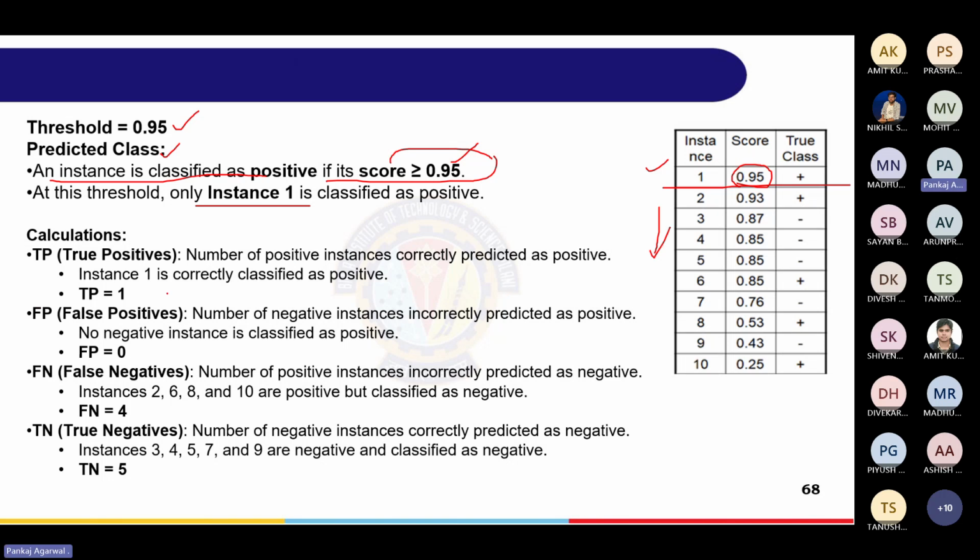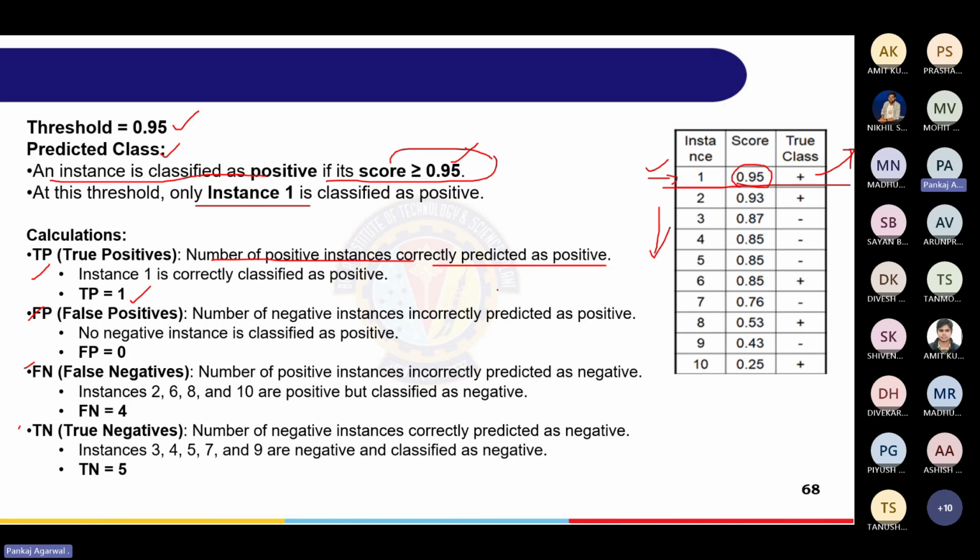Now, based on this, I have to calculate all these values. The idea was that I have to draw that particular graph, TPR versus FPR, as I told you. So the true positive I calculated was one. Why? It is the number of positive instances correctly predicted as positive. There's only one instance, because at this particular threshold there's only one row.